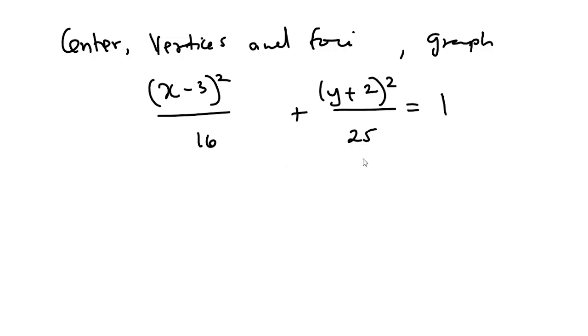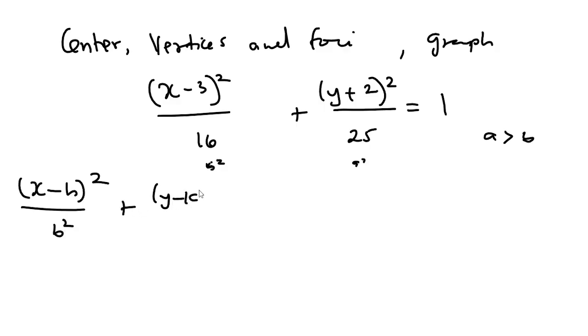Now, when this one is bigger than this, so A is greater than B, it means that this is A squared and this is B squared. So when this happens, it is in the form (x - h)² / b² + (y - k)² / a² = 1.